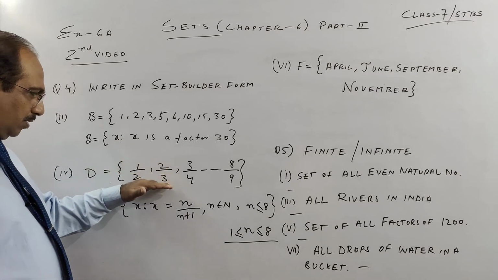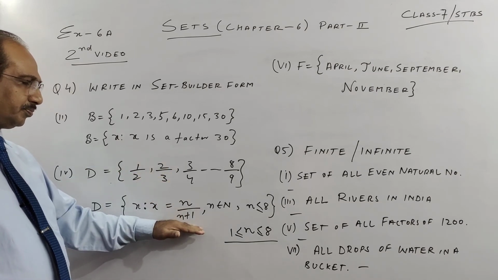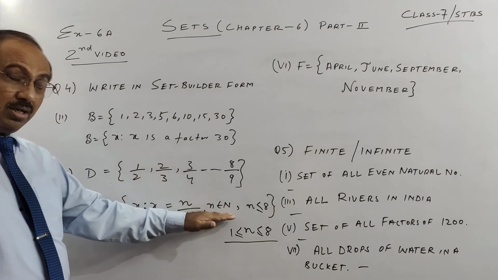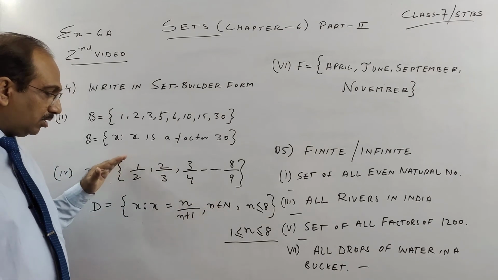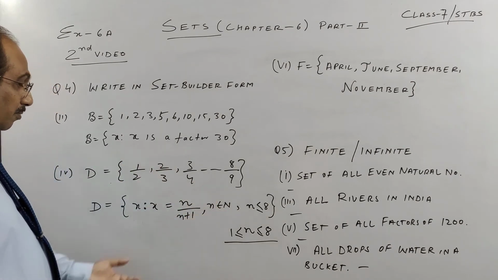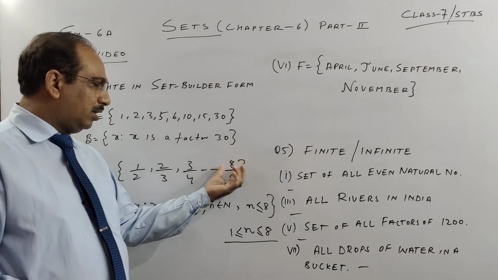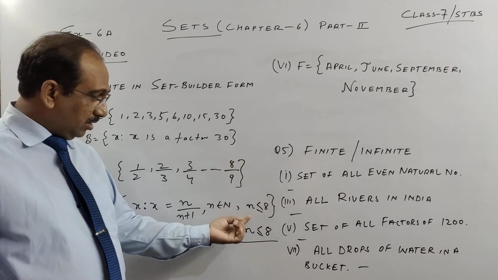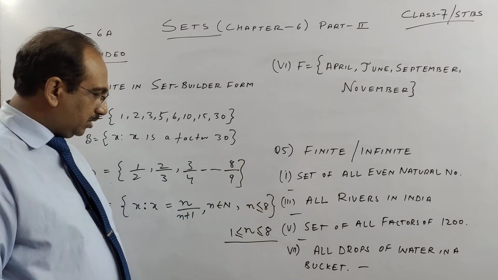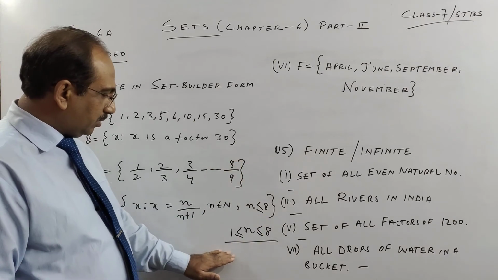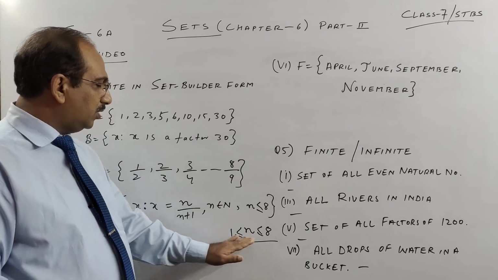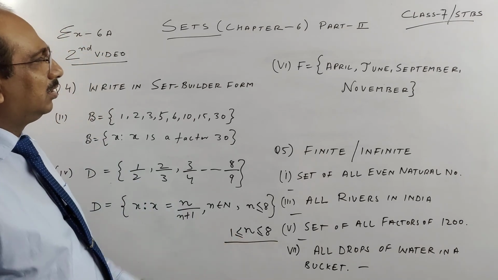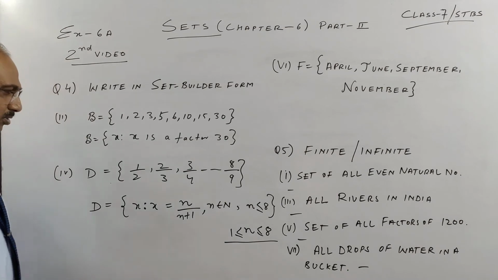The numerator is one natural number and the denominator is one more. 0 is not coming, therefore it's not a whole number. Negative is not coming, therefore it's not an integer. But it has a limit, maximum n is 8, 8 plus 1, 9. So n should be less than or equal to 8. Or sometimes you can write n is greater than or equal to 1, but natural numbers start with 1, children. Next part we see, so you can pause the video and copy.